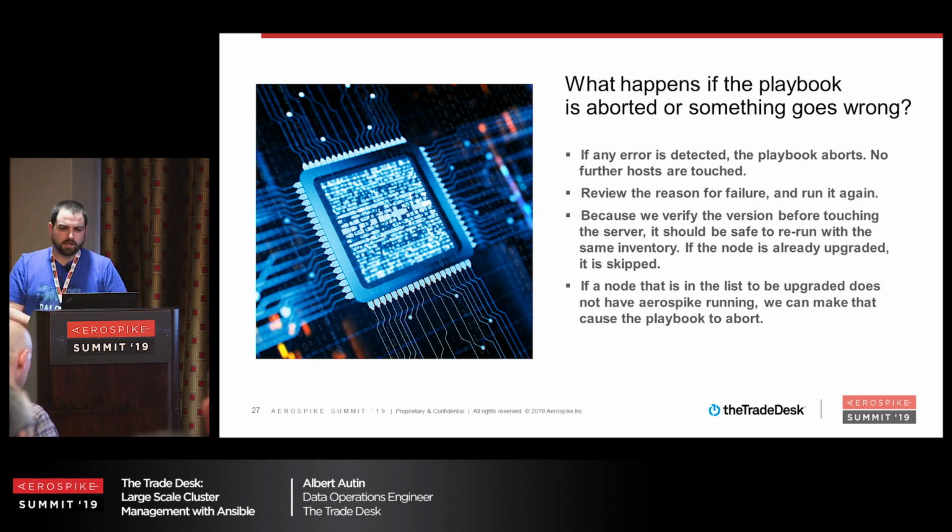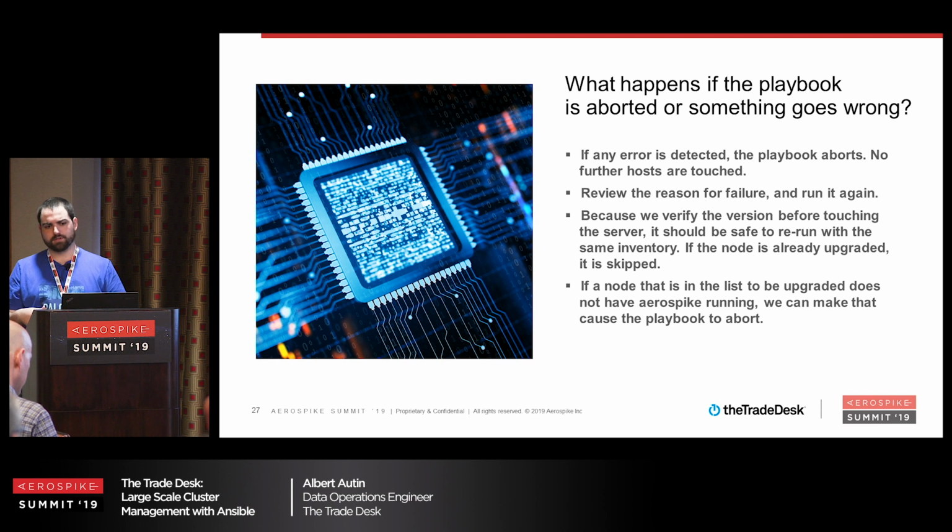I think the default behavior is that if any error is detected, it'll abort the entire thing. So if we have serial 1 set up and we're targeting 100 hosts, and an error is detected on the 10th host, it'll stop. It won't go to the 11th.